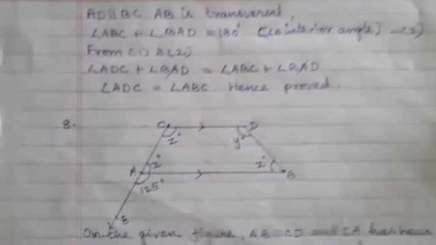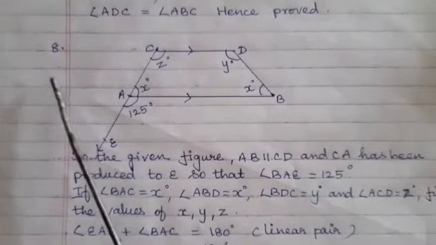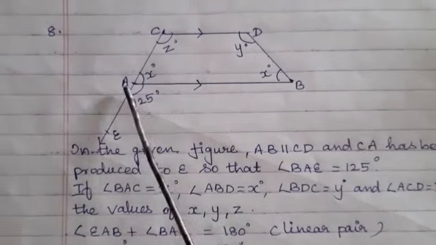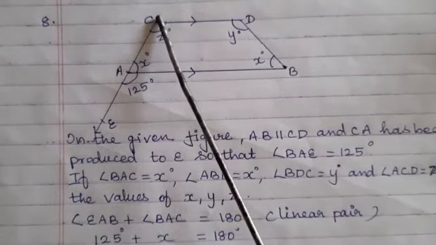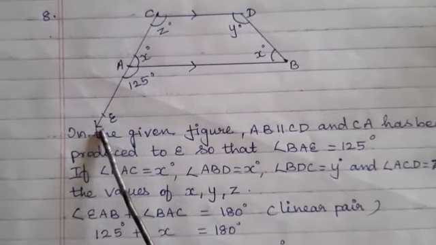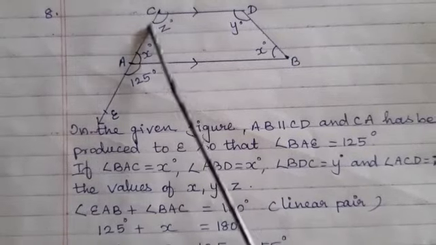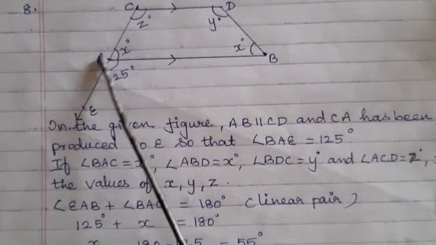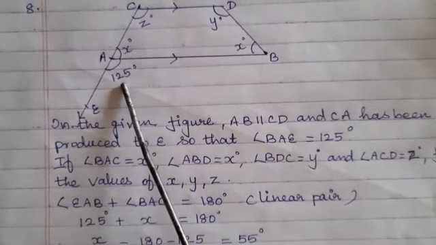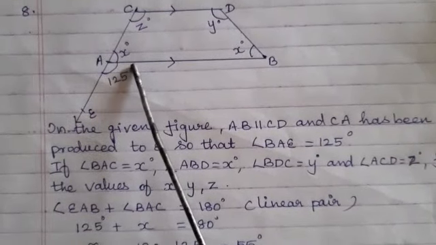Question number 8. In the given figure, AB and CD are parallel lines and CA has been produced to E, so that this is a transversal produced to E, so that angle BAE equals 125 degrees. Then the rest of the angles are given.